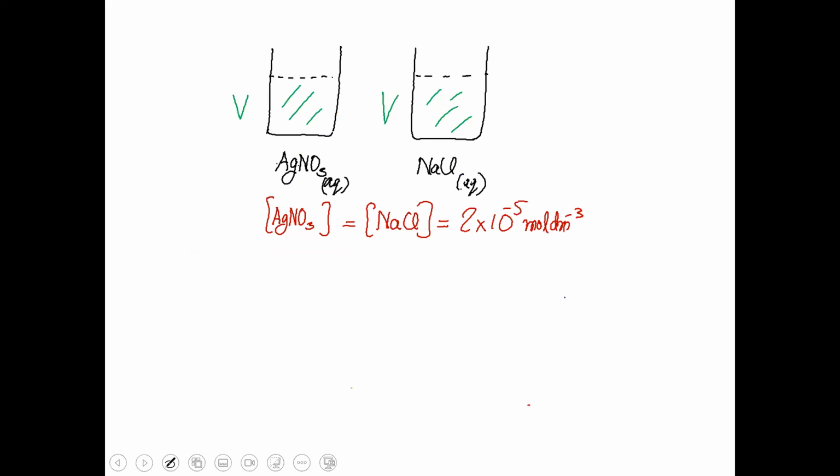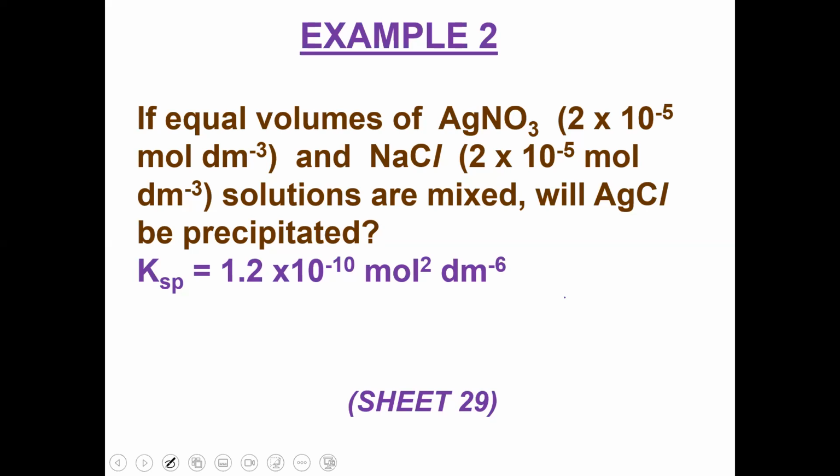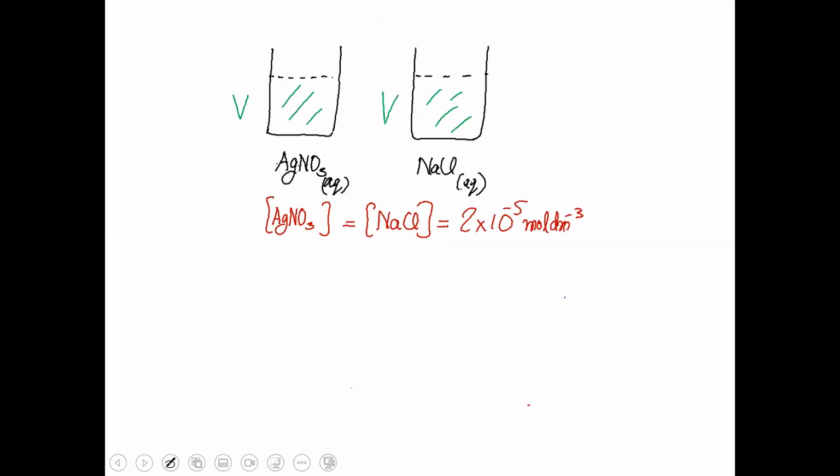First we have silver nitrate solution and sodium chloride solution. Because they are saying equal volumes of the two solutions, they have the same concentration.